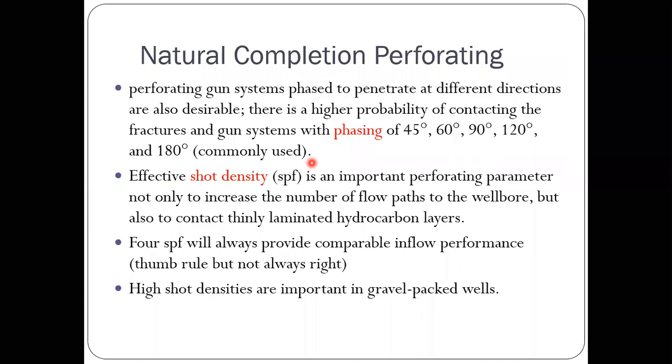When it is natural completion perforating with gravel packing, you know that gravel packing is used for sand control. So in that case, we have to use higher shot densities. So you can understand that it is very important as a completion engineer to realize that perforating systems are mechanically very complex. And one more thing is important: all the perforations that we create will not be effective in producing hydrocarbon.